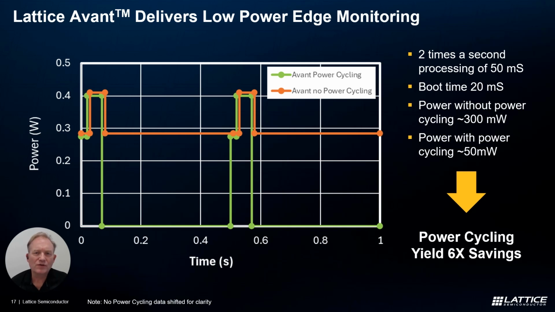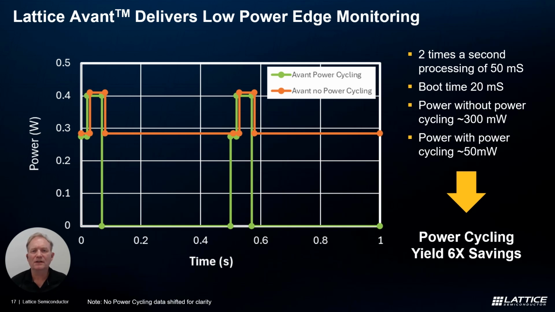And what you'll also see is 2 times a second for about 50 milliseconds, we're doing some processing. The dynamic power associated with that processing is about 100 milliwatts, and the total power during those periods of processing is about 400 milliwatts. So when we average that out over 2 seconds, we see that the power consumption is a little bit over 300 milliwatts.